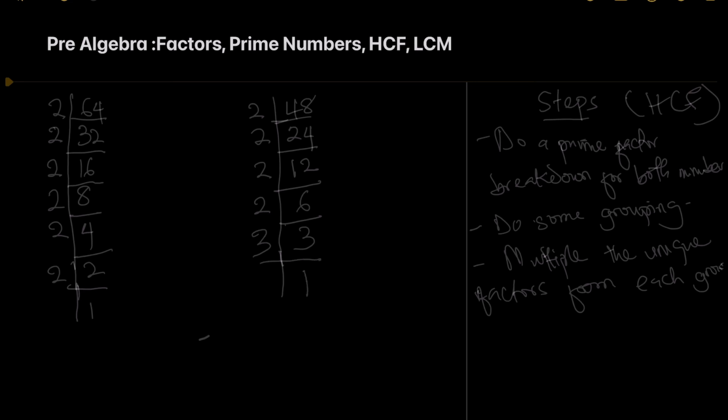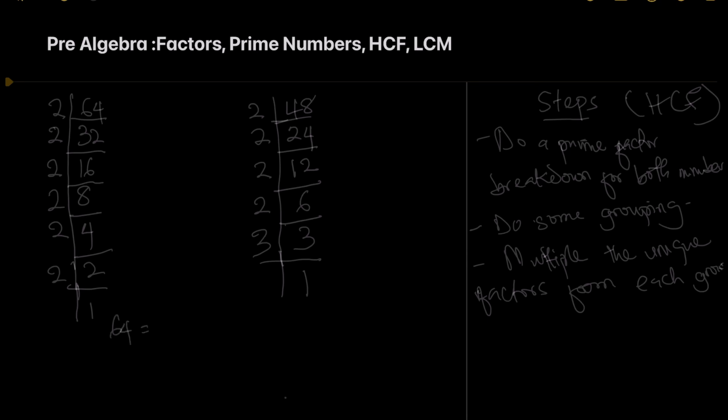So here we're done. In this case, what we do now is we line up the factors for each number, and then we go ahead and do our grouping. So here we could basically start and say 64.